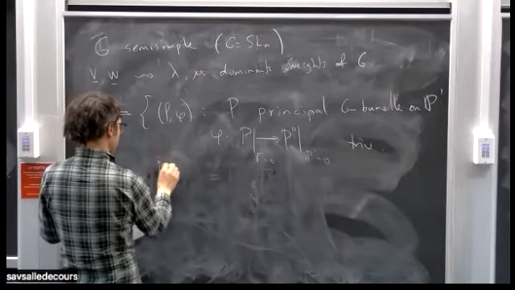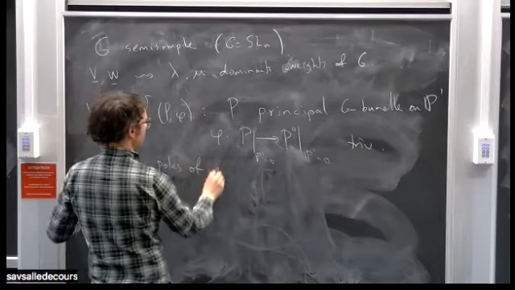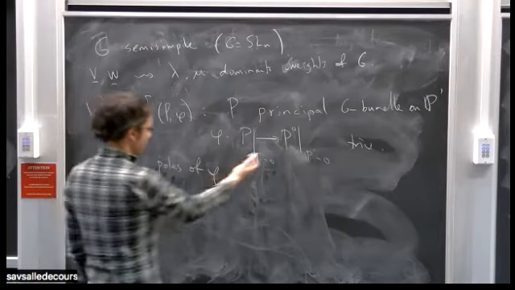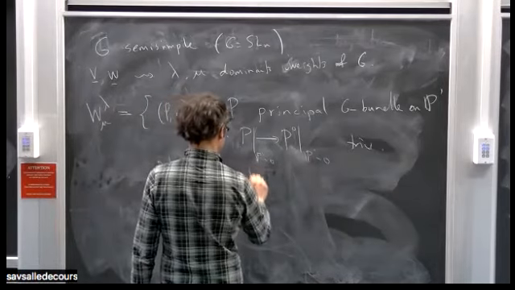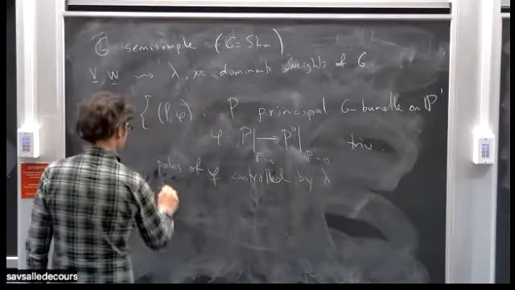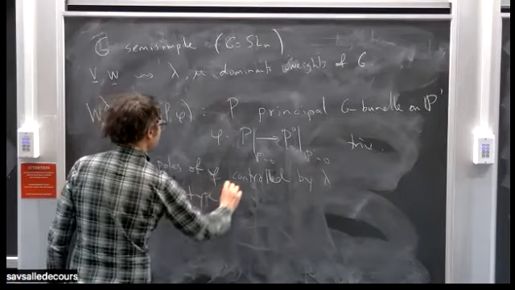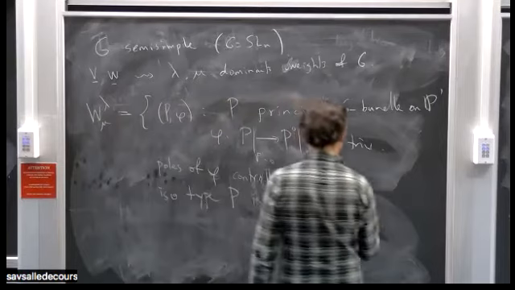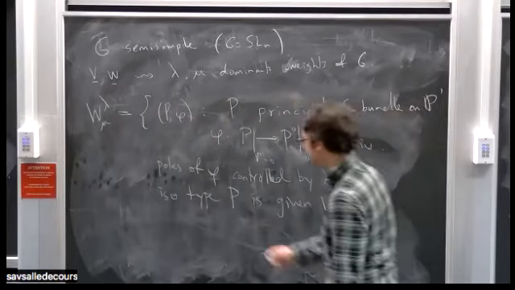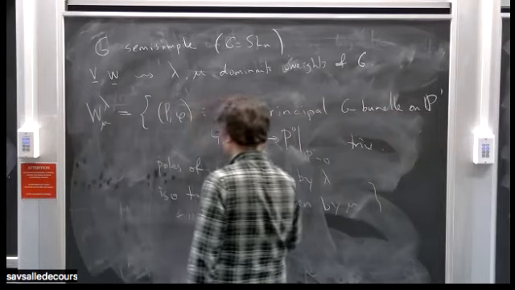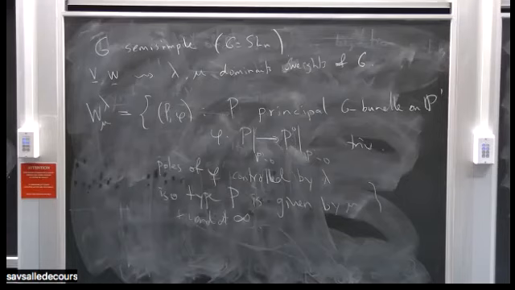The poles of φ, so φ typically has poles at 0. It's a trivial bundle, so it has some poles, and the poles are controlled by lambda. And the isomorphism type is given by mu. And there's some conditioning. So that's a kind of terse definition of the affine Grassmannian slice.